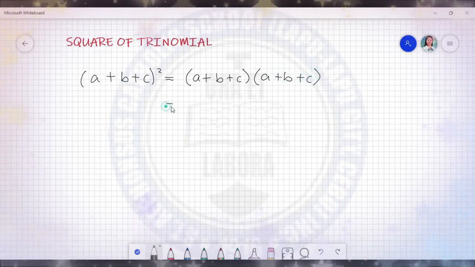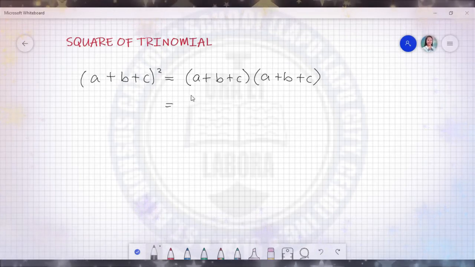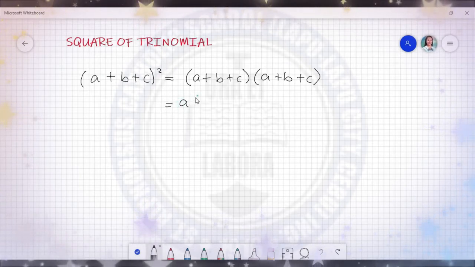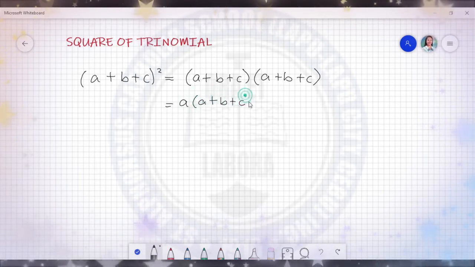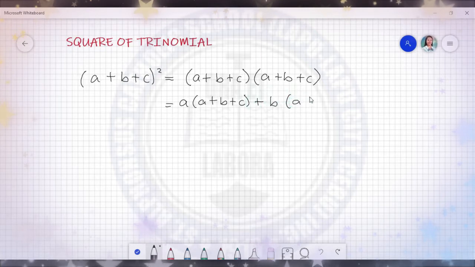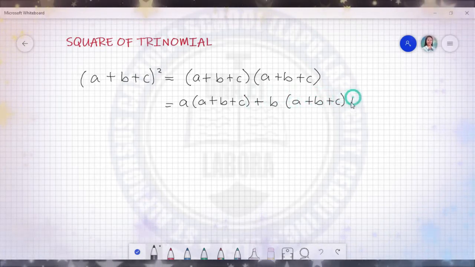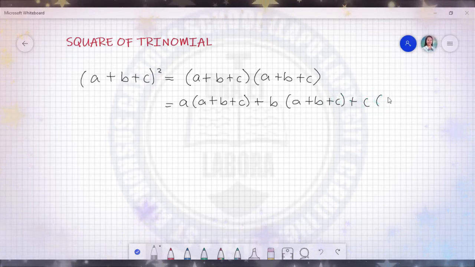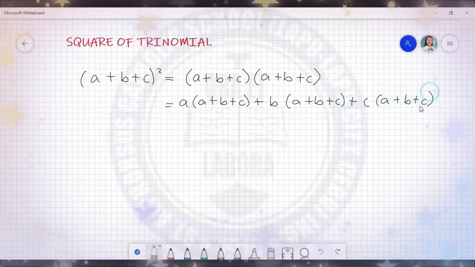And using the distributive property of equality, you're going to distribute the first term to the second factor, also b times a plus b plus c, plus c times a plus b plus c.